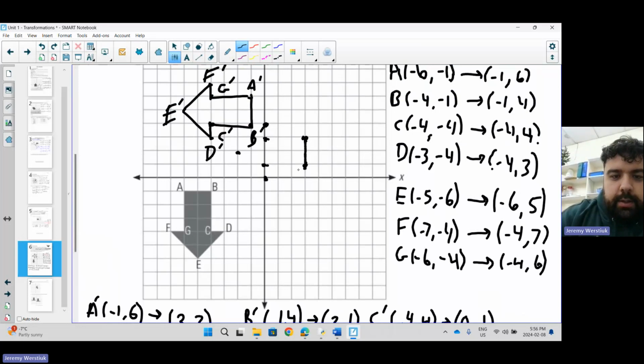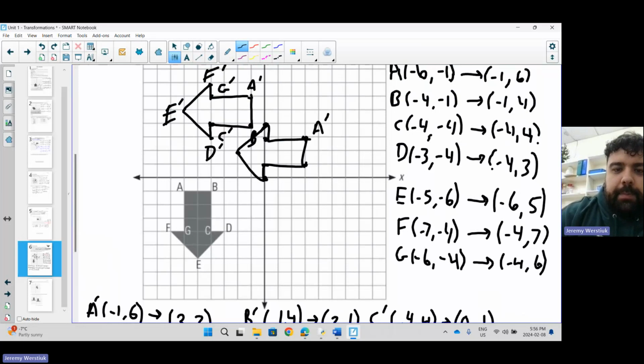So I'll connect A to B to C to D to E. Oh, a little too out on that one. Let's try it again. A to B to C to D to E to F to G and back to A. Now I'll probably draw that with a straight line. Do it the best you can.